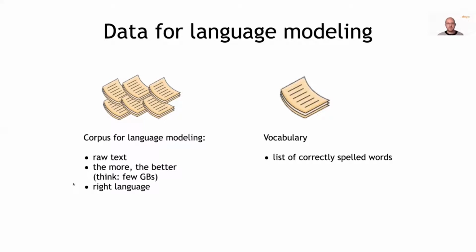Let me give you some examples of what may go wrong. For example, if you think that you need a few gigabytes of text, the first thing that comes to mind is to crawl the internet and just scrape some web pages for text in a given language. Let's say you do this, but you mostly download newspapers, Wikipedia, this kind of text.